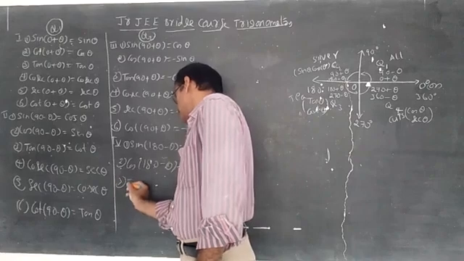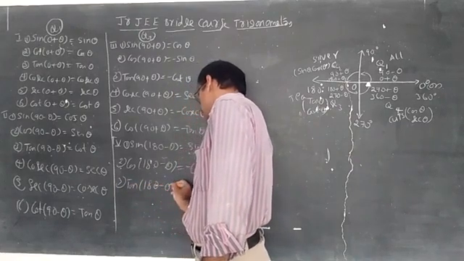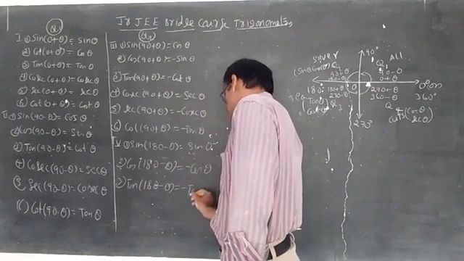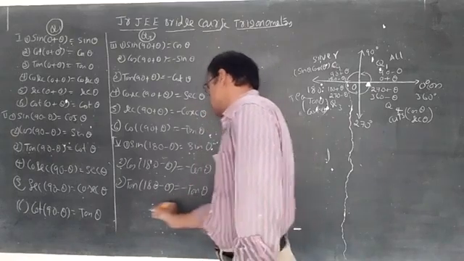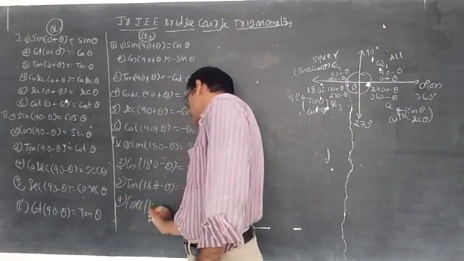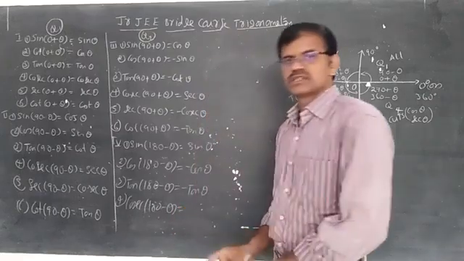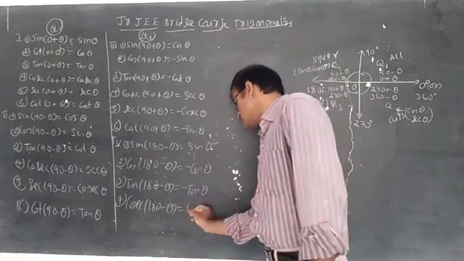Next, the third one, tan of 180 minus theta. The name will not be changed, simply minus tan theta. Then cosecant of 180 minus theta is equal to cosecant theta.